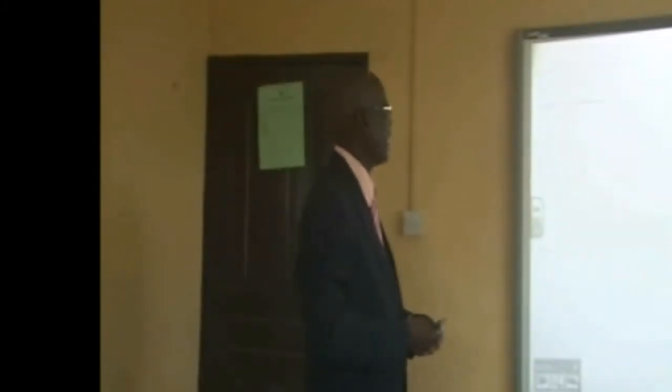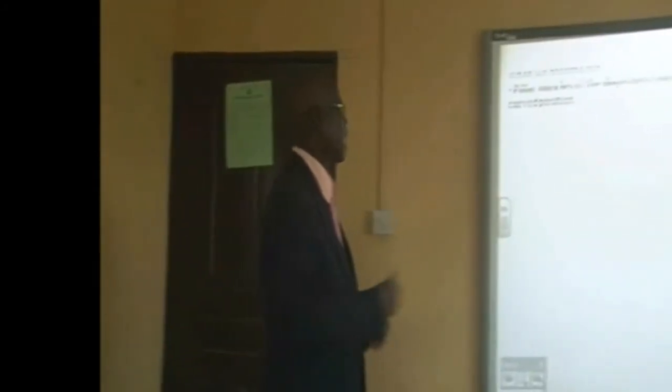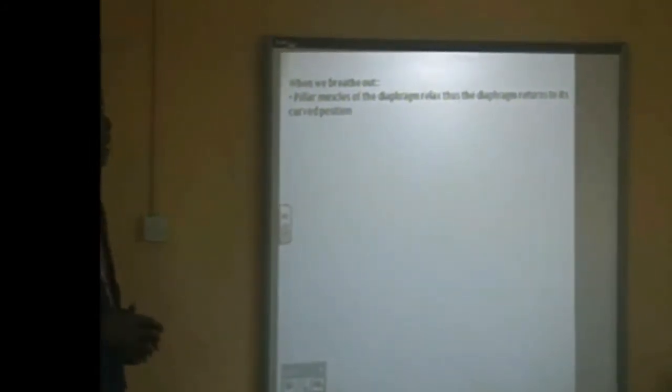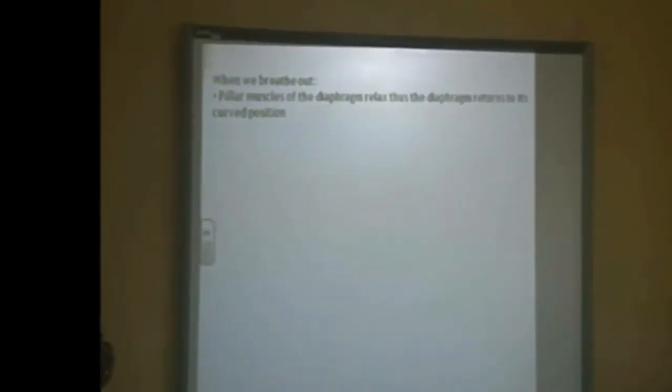But let's itemize what happened in that picture for our better understanding. Now, during exhalation, that is when we breathe out, what happens? Number one, the pillar muscles of the diaphragm relax, as you have seen in that diagram.